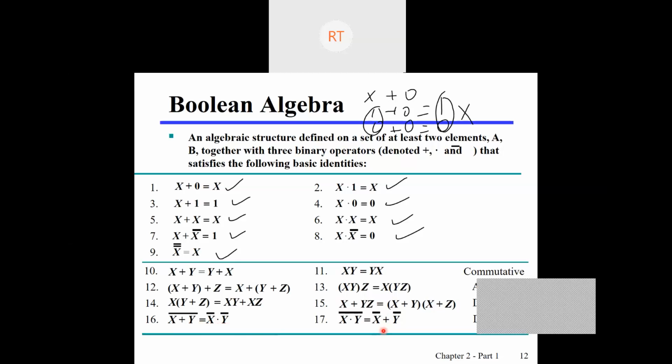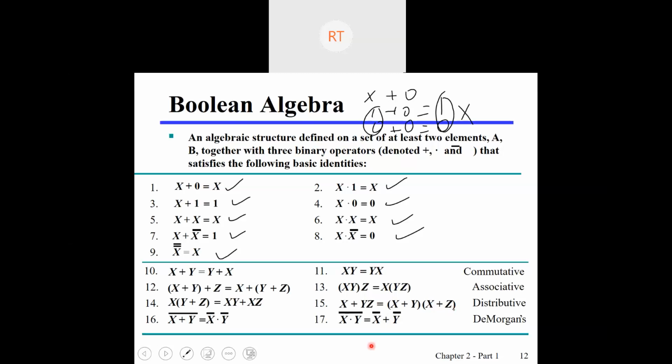Also x and y with a bar on top: it's going to be x bar, the dot will become a plus, and the y will become a y bar. I think all of them are straightforward and you could understand them, except number 15. You will get used to it when you see it in the exercises.